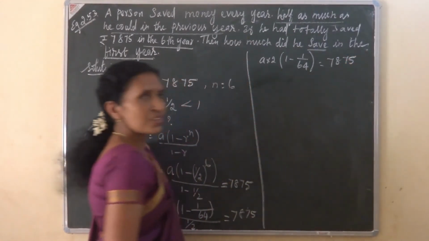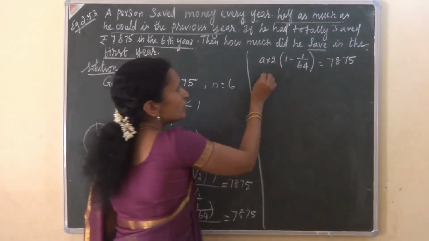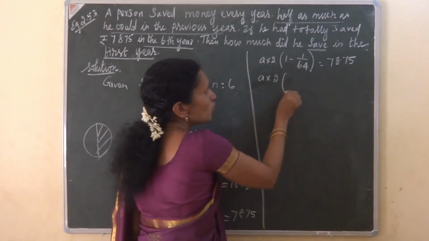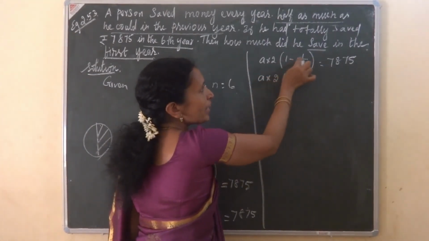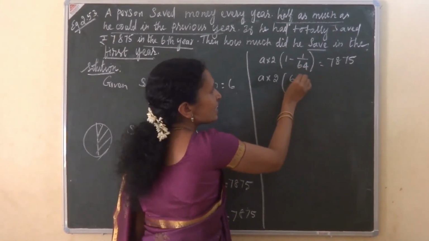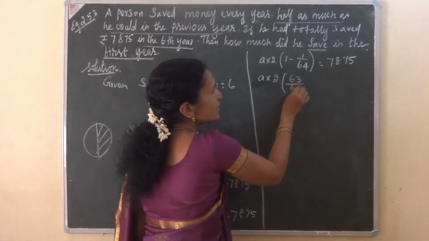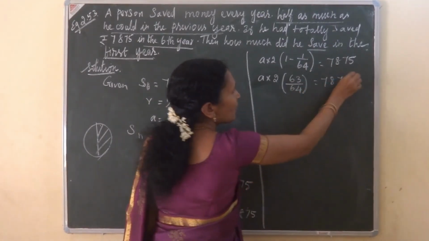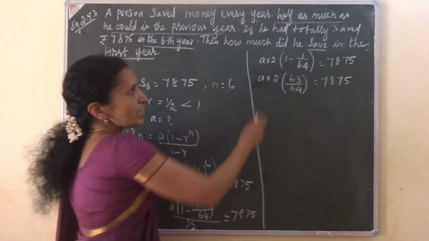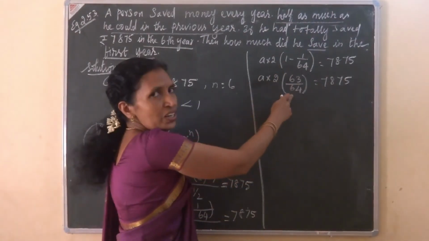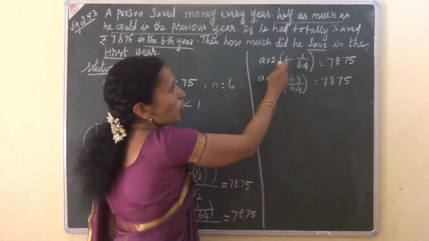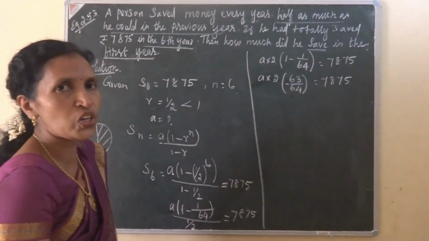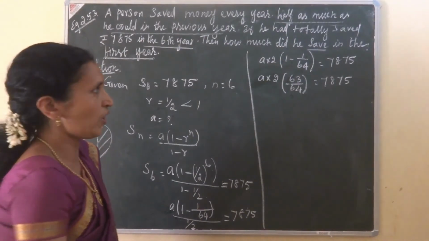Okay. Now, A into 2 into (64 minus 1, that is 63) divided by 64 equal to 7875. Do you understand this one? LCM 64, 64 minus 1, that is 63, divided by 64 equal to 7875.